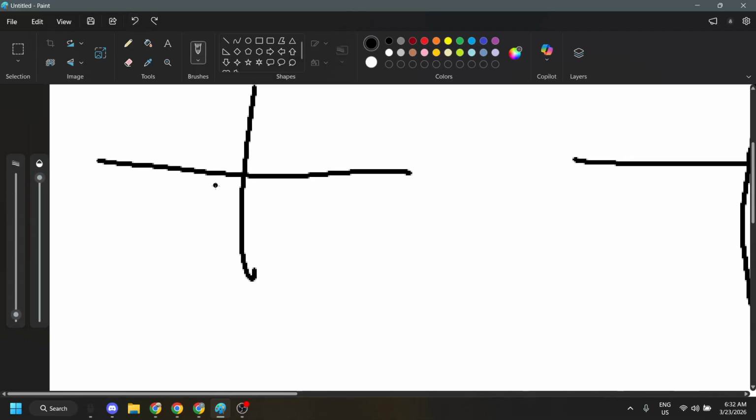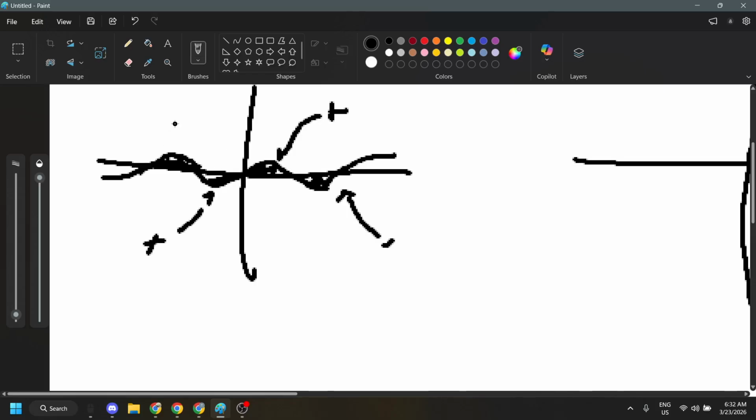So if we have an integral of something like sine, we have this, and this. This is going to be a positive area, this a negative area, this a positive area, this a negative area. So if we take it from here to here, or maybe here to here, we're going to get 0.